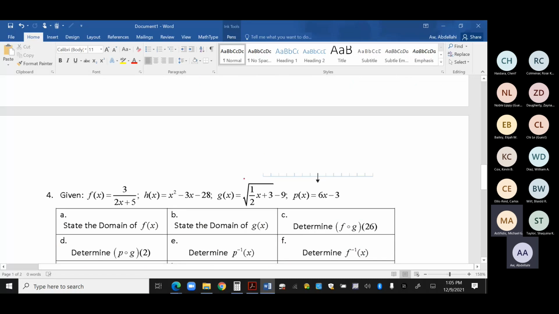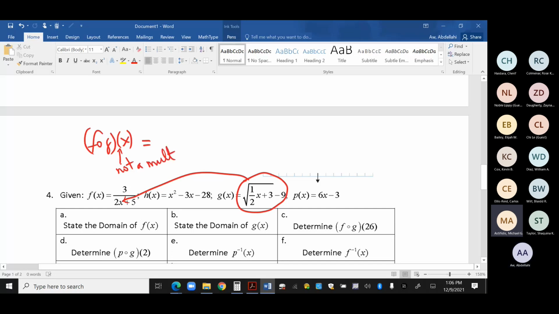You have to take g, which is here, and plug it into f right there. f circle g of x is not a multiplication. Some people did do that.